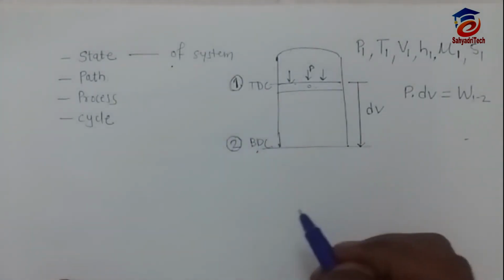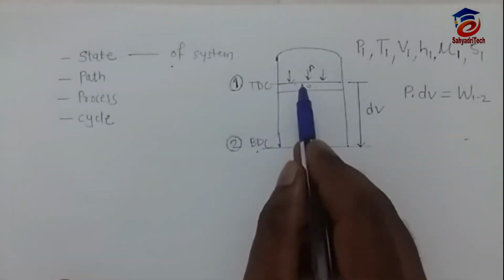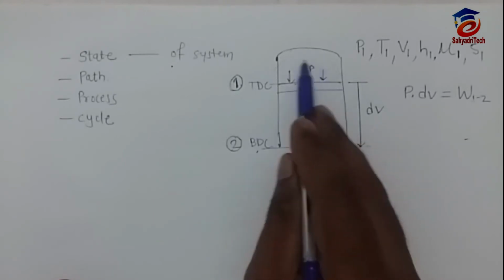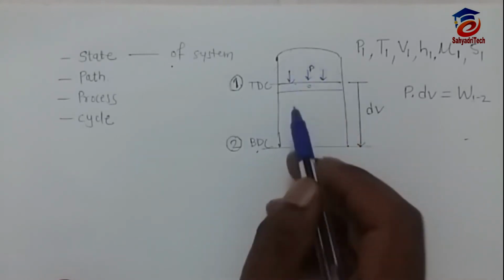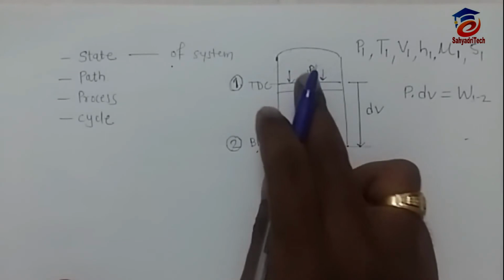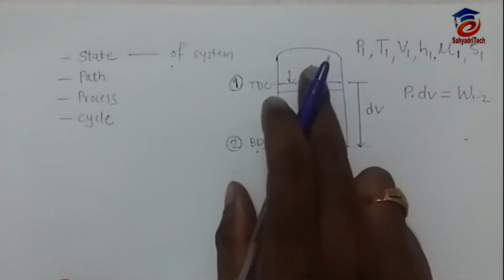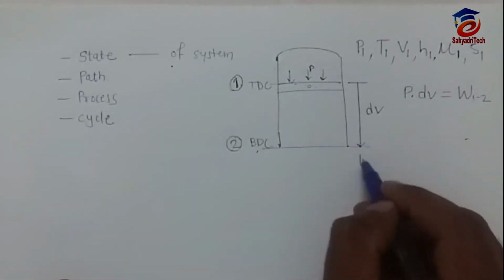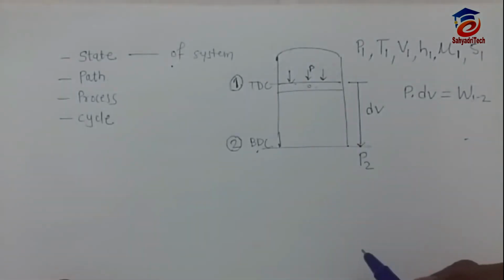Then state 2: the piston will move from TDC to BDC. Why will it move? Because these combustible gases will push the piston down. Now you tell me, the pressure was P1, and when the piston moves, the pressure will change to P2.